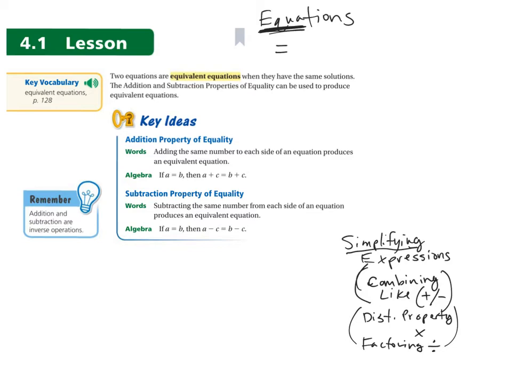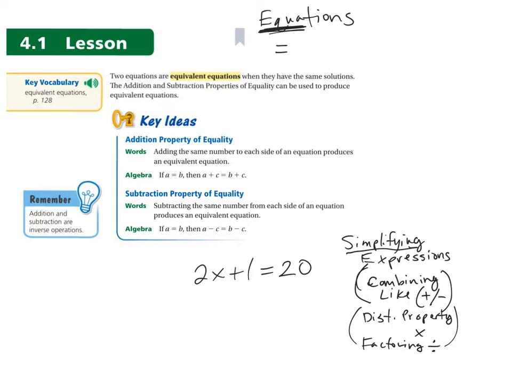So we might have had something that looked something like this, which is an expression. This is a simplified expression because I can't add anything together. There's no distributive property, and it's not asking me to factor this expression. But an equation is going to have this equal sign, and then it will be equal to something.